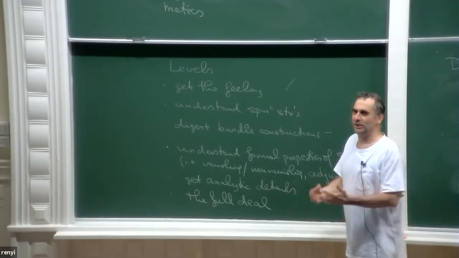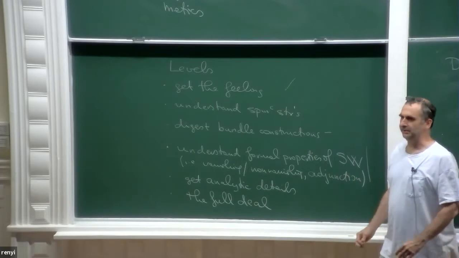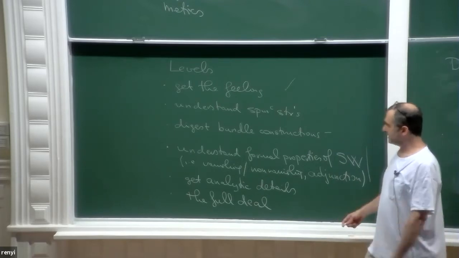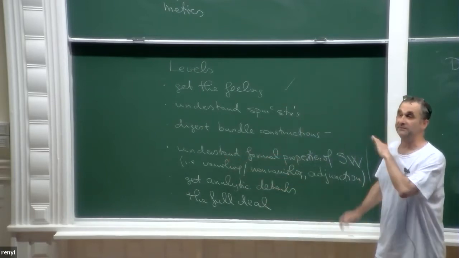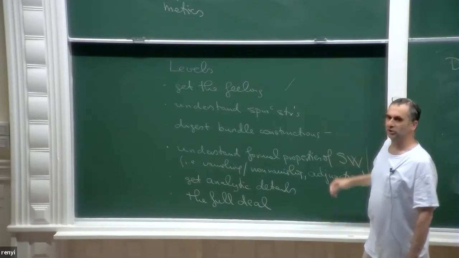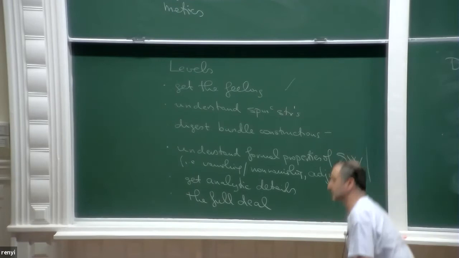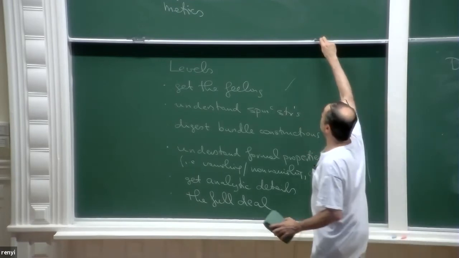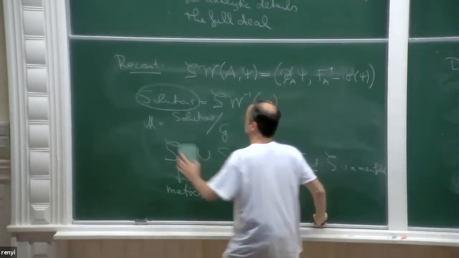But this is only if you would like to do research particularly in Seiberg-Witten theory. For our purposes, this intermediate level of understanding the formal properties will be sufficient. But I wanted to tell you roughly how these constructions go to have a better feeling. We'll see how successful it was. In any case, here are the two theorems. Let me just summarize again.